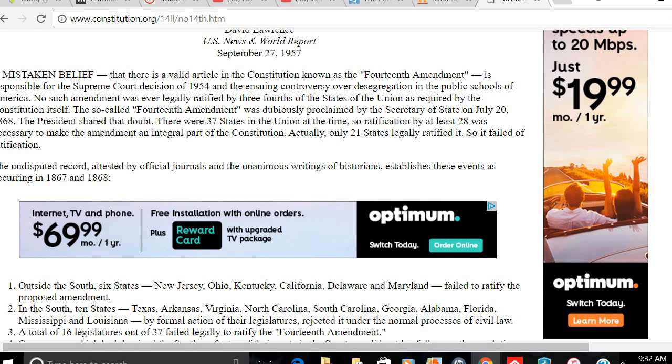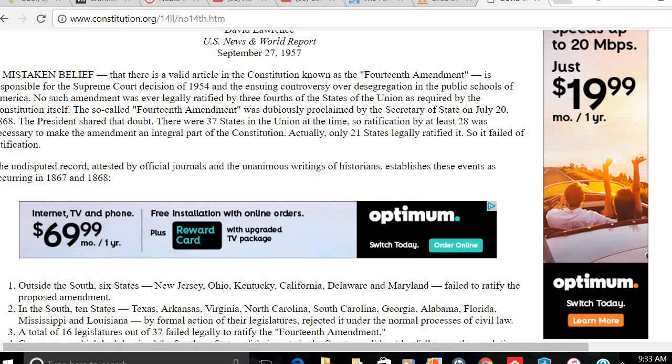The so-called 14th Amendment was fraudulently proclaimed by the Secretary of State on July 20th, 1868. They say the president shared the doubt. There were 37 states in the Union at the time, so ratification by at least 28 was necessary to make the amendment an integral part of the Constitution.